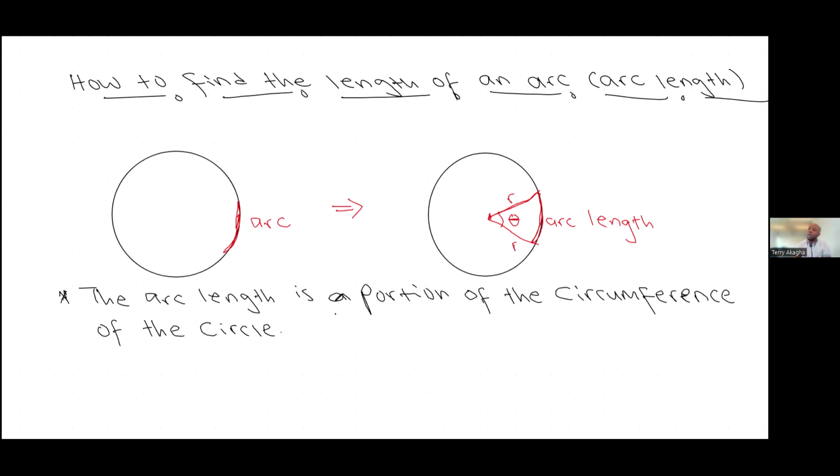Now there are basically two types of arc length. We have what we call the major arc and what we call the minor arc. Depending on the question, some textbooks call it a major arc, some a minor arc.